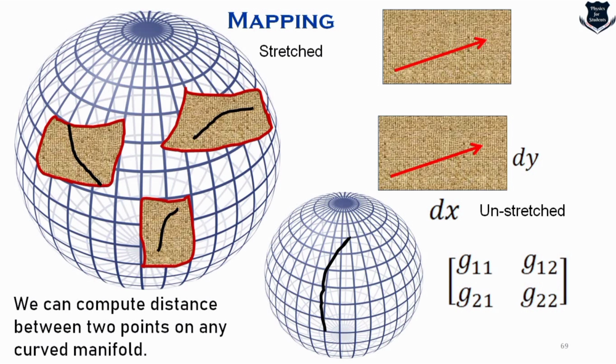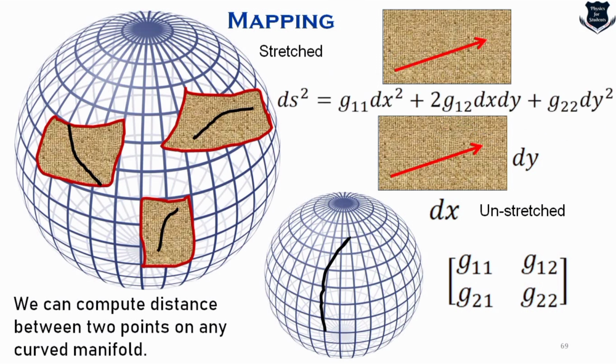We take this unstretched information, patch it over this sphere or the curved manifold, and then take it out, and with the stretched information we try to calculate the g part, which contains the stretched information of space-time, and then we find the distance. So this is what is called mapping. So we get this kind of formula through which we can derive.